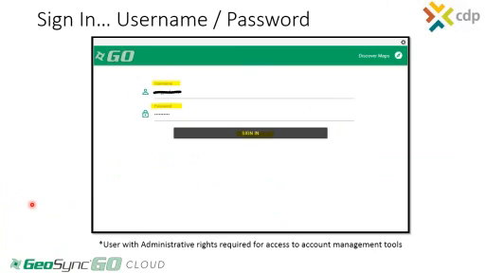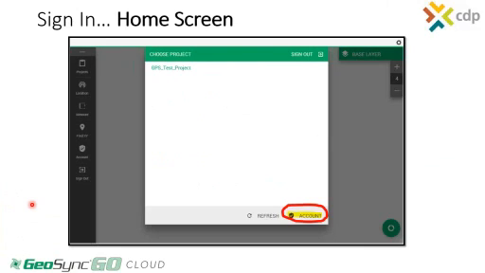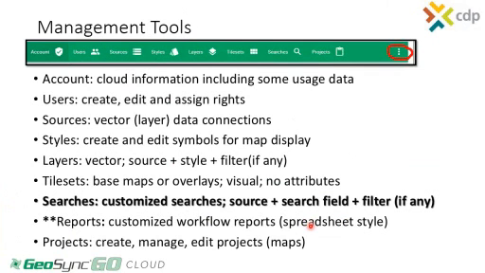So you will require a username and a password. Once you hit sign in, you will see the project screen where you can select a project to open. But for today's webinar, we are looking at the management tools, so you will want to select the account option. This takes you to the account tools.